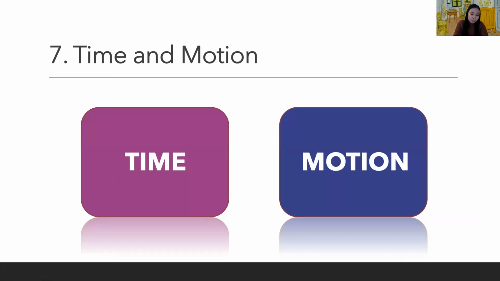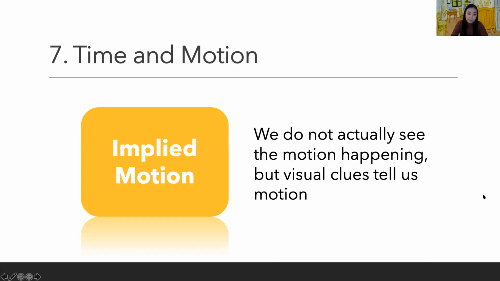Through advances in science and technology, daily life became far more dynamic, and the nature of time and its relationship to space and the universe became more a matter of thought. There is implied motion like other visual elements. We do not actually see the motion happening, but the visual clues tell us that it is a key aspect of the work.